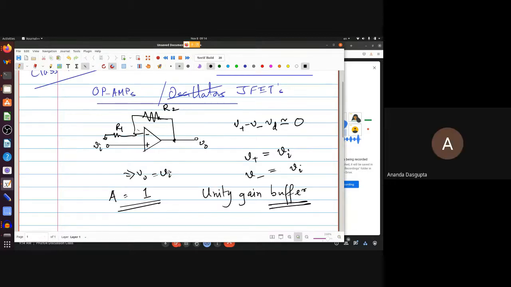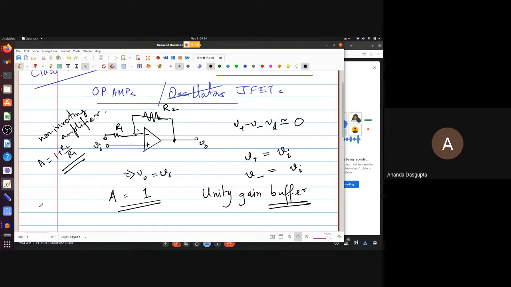Okay, this is exactly a non-inverting amplifier. The second kind of linear circuit you can make with the op-amp. When I say second kind, I mean the second that we studied after the inverting amplifier. And the gain for this is 1 plus R2 by R1.